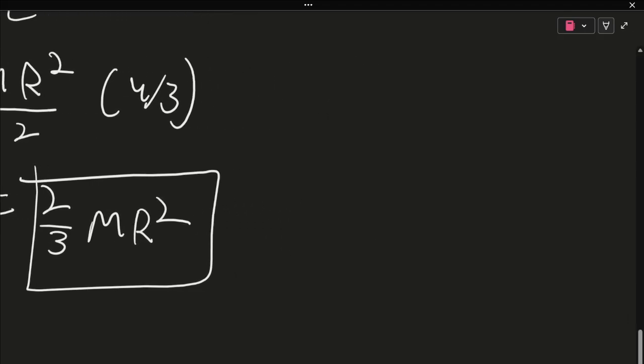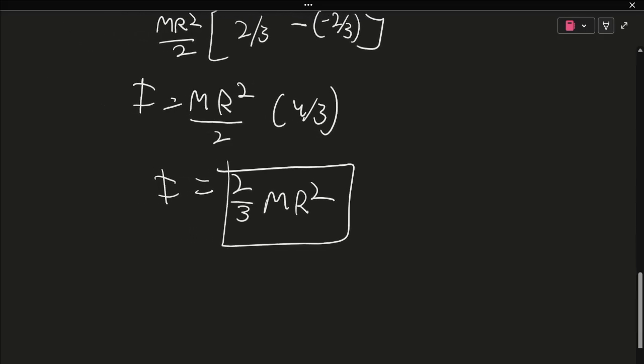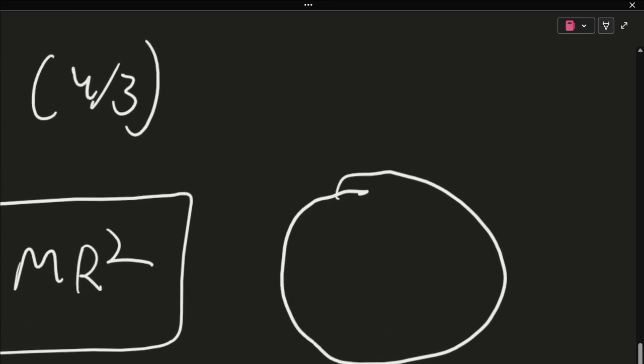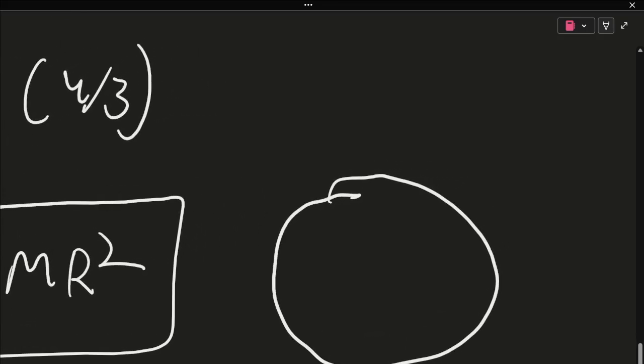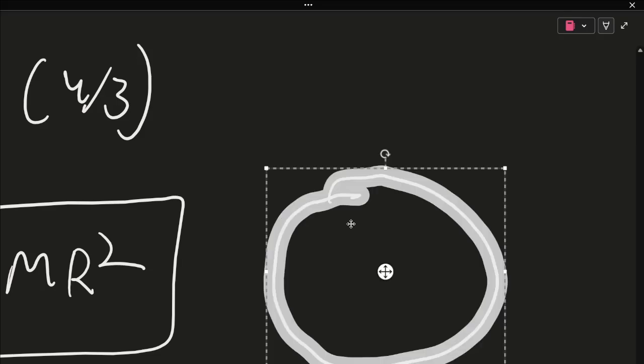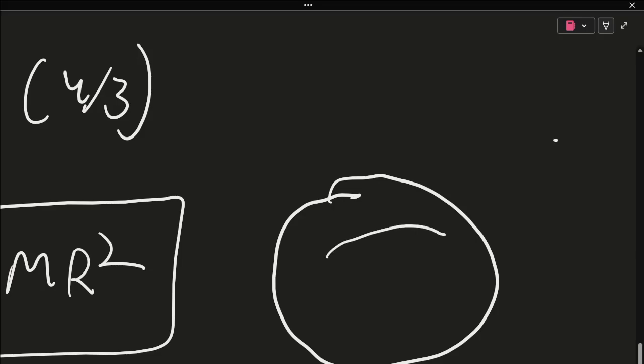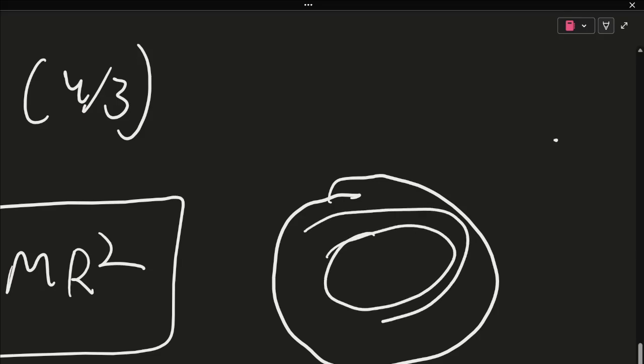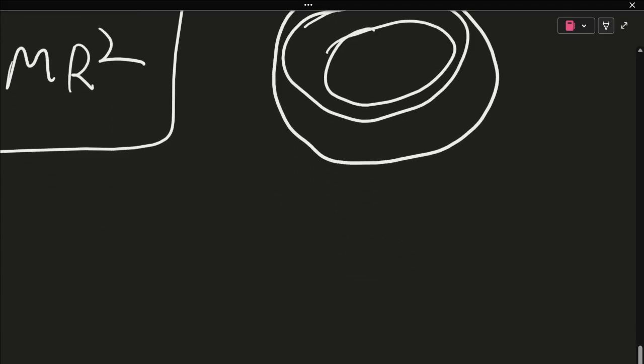Because you see, a completely normal sphere, or a solid sphere, is going to be just a whole bunch of spherical shells with varying radii.